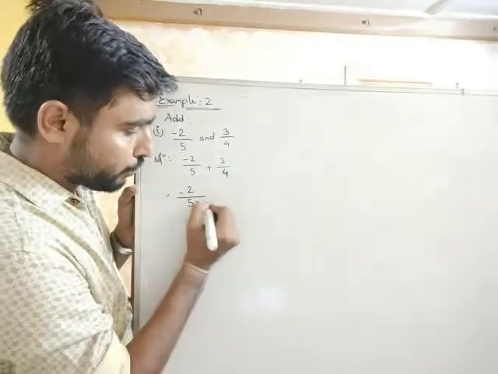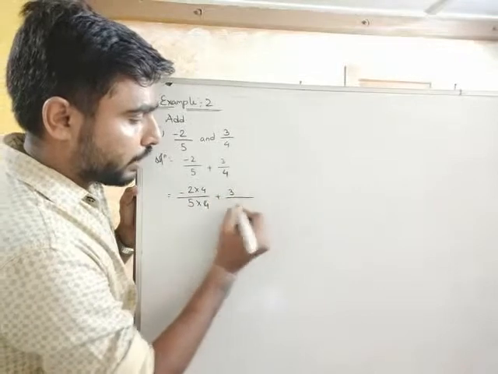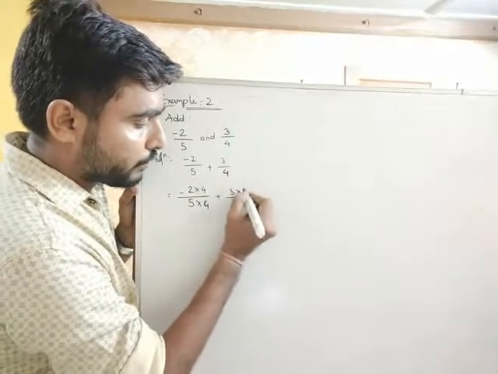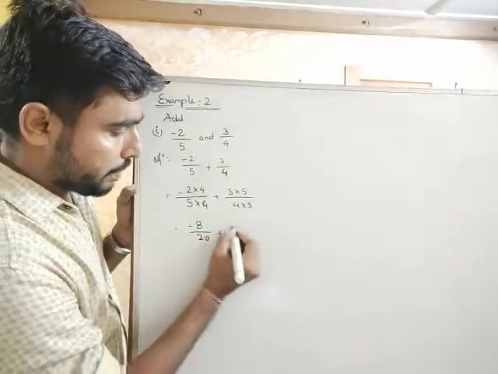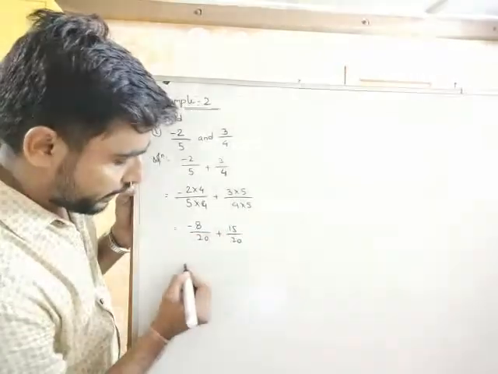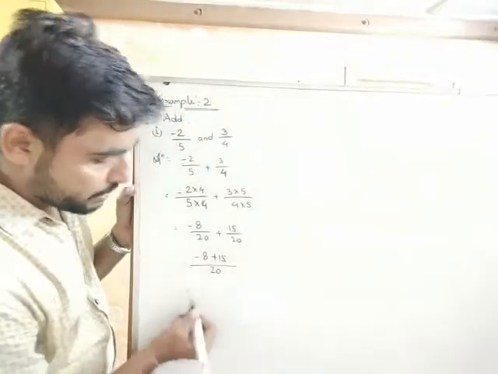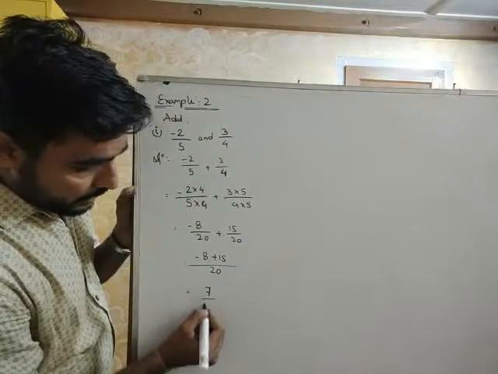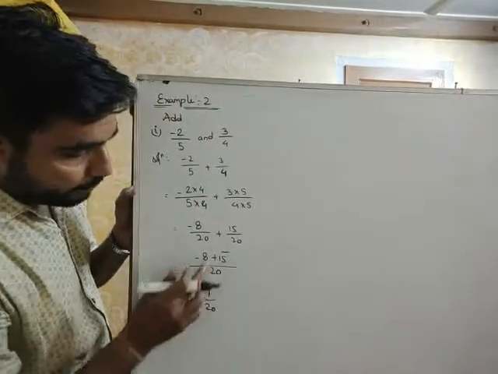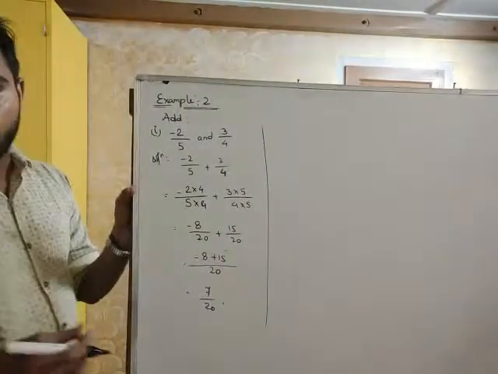So 5 needs 4 multiplied, 4 needs 5 multiplied, and so minus 2 into 4, and 3 into 5. Minus 8 by 20 plus 15 by 20. So LCM is 20, minus 8 plus 15. Plus minus is minus, we all know. Okay, 15 minus 8 is 7. 7 by 20, 15 is greater, having plus sign, so plus 7 by 20. Got it right, all of you?